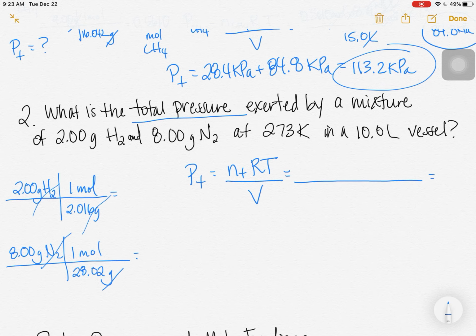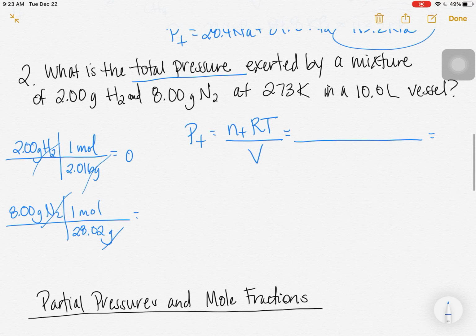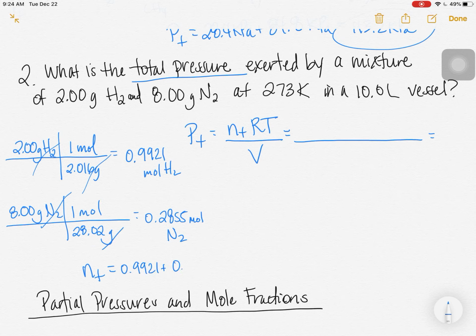Okay, so if we crunch this, and then that's an 8. And so then I'm looking for in total, right? So I just have to add those two together, 0.9921 plus 0.2855. So this question did not ask me for the individual partial pressures.